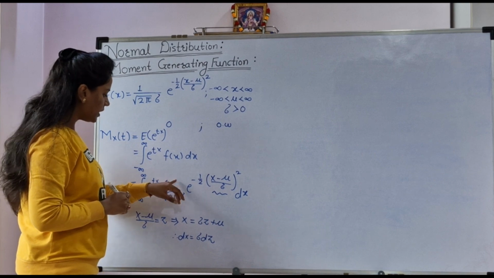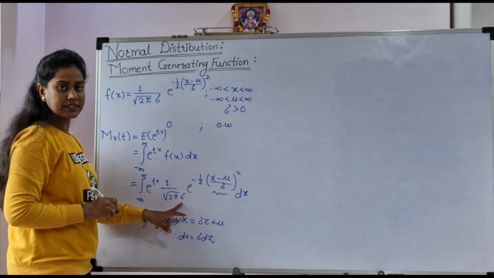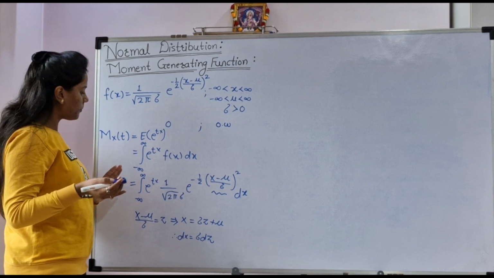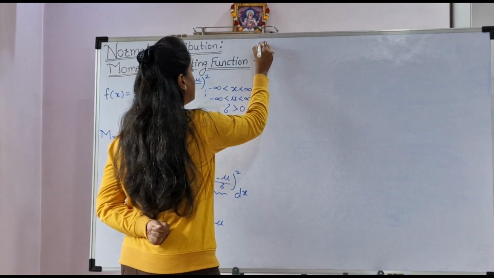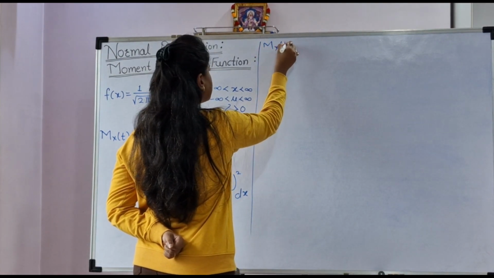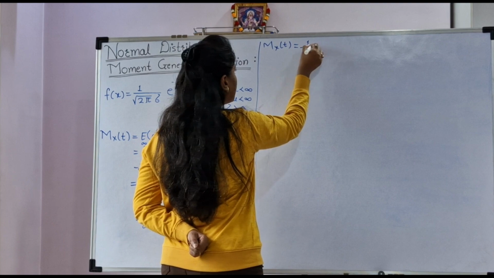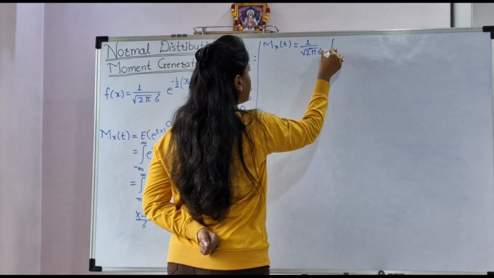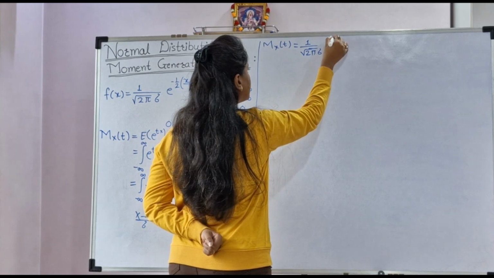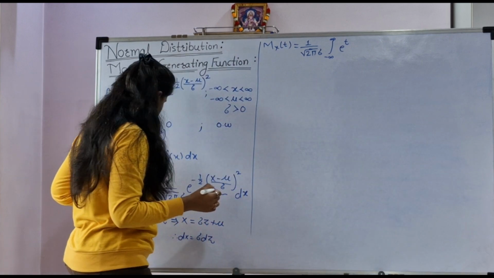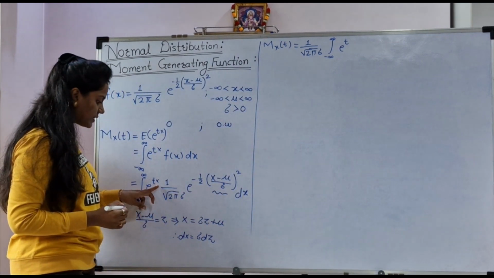Here 1 upon root 2 pi sigma is a constant, so we can also take that outside the integration. So let's do it. What we will get: M_X(t) equals 1 upon root 2 pi sigma, integration from minus infinity to infinity of e to the power t, now here e to the power tx is there.